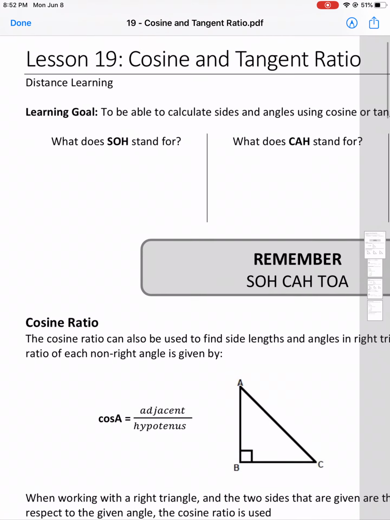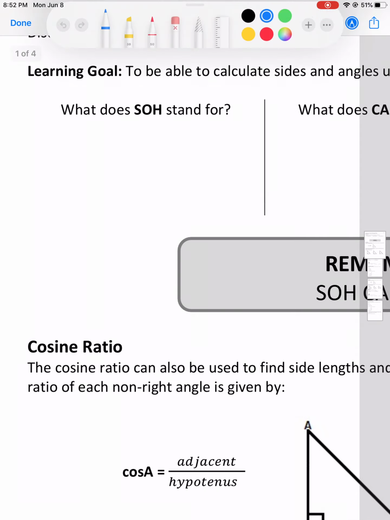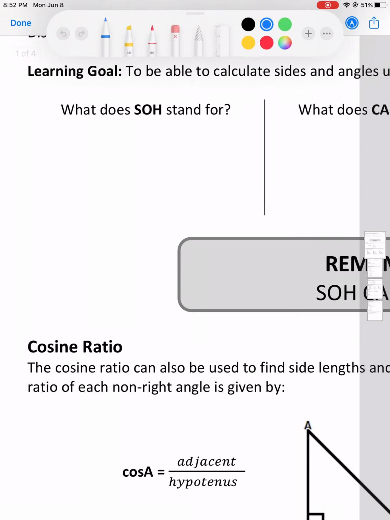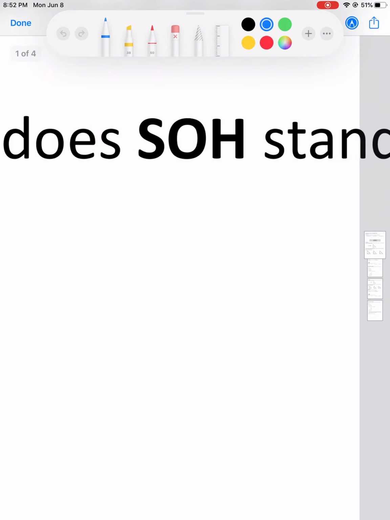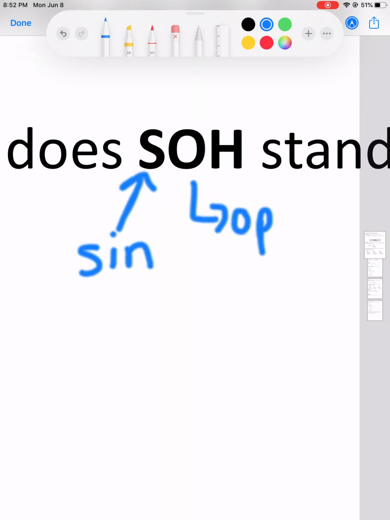Earlier we did SOH. What does SOH stand for? Remember, the S is sine. And what does that mean? It's opposite over hypotenuse.